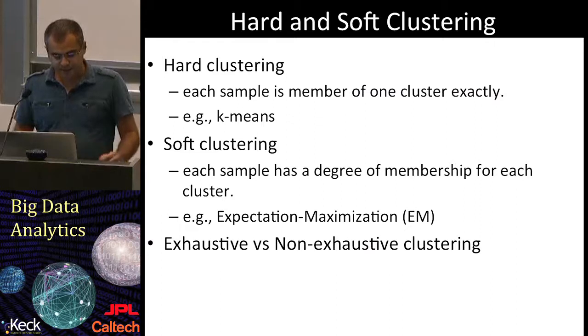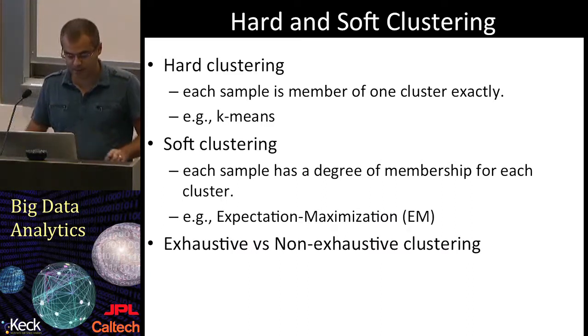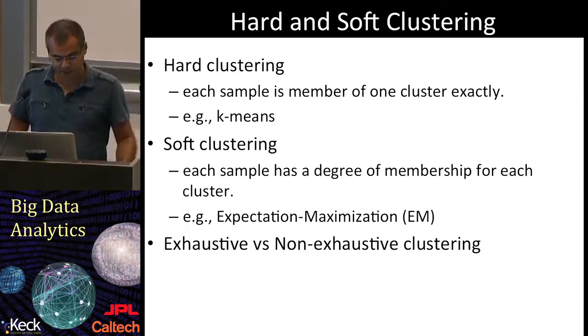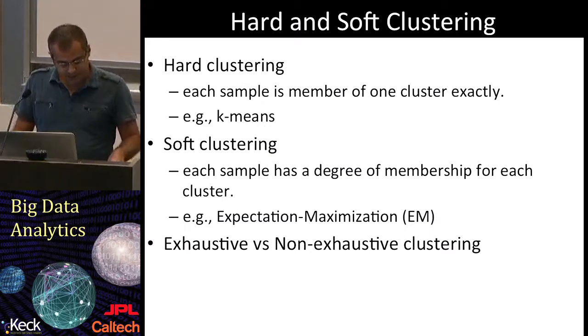An alternative definition of hard clustering is that a sample can be a full member of more than one cluster, but a full member. So it's like a sort of crispy classification. 0, 1: belong to a cluster, not belong to a cluster. In soft clustering, each sample has instead a degree of membership for each cluster.